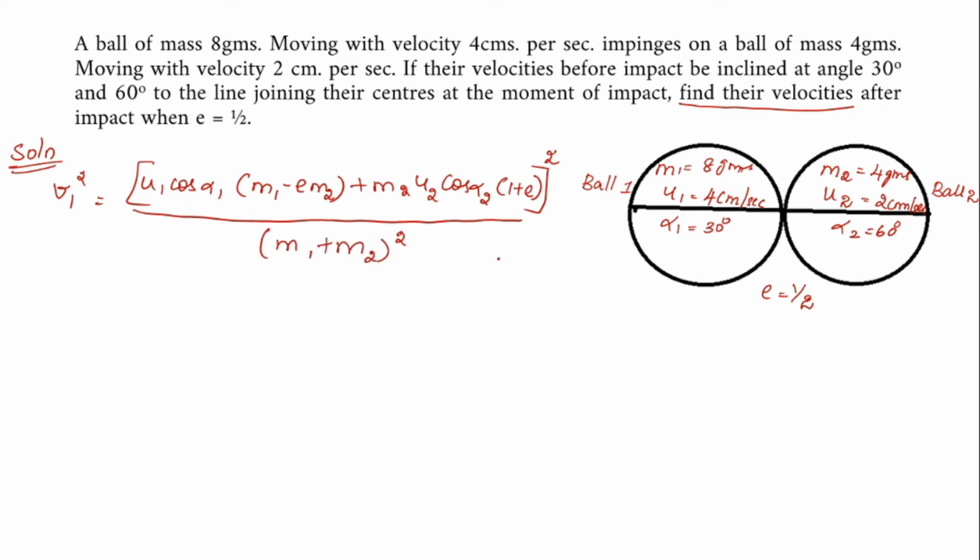In addition to that, there is another term, that is u1 square sine square alpha 1. So now we are going to substitute all the values and find v1 square.